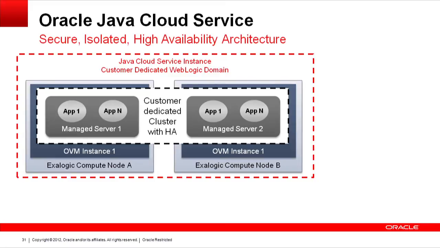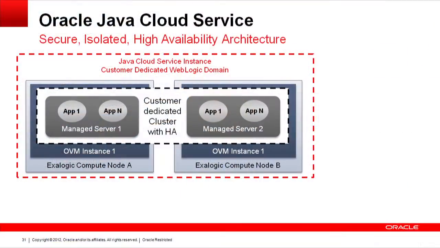To talk about how the architecture works: each node of your Java Cloud Service is deployed as a VM instance of its own. So you have isolation at the node level, and it's deployed on a different compute node, so you are protected against any compute hardware failure, and that's how we provide you high availability.